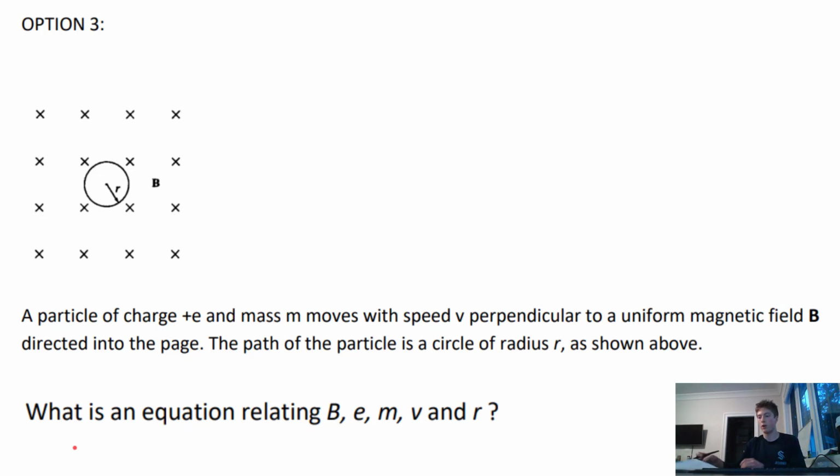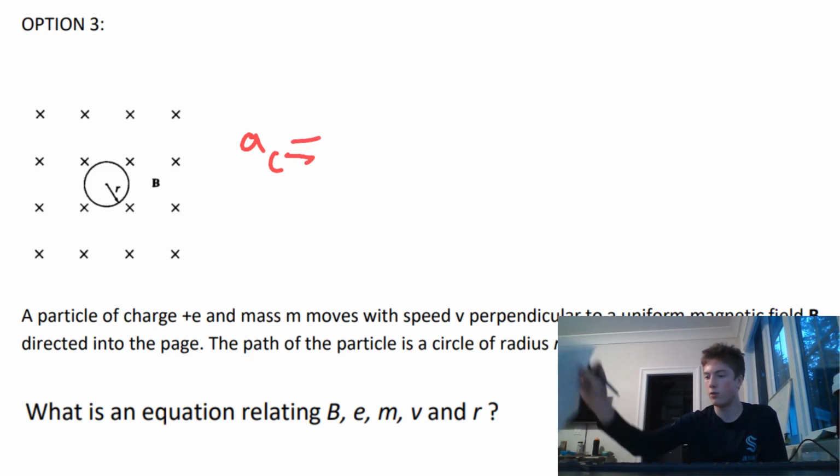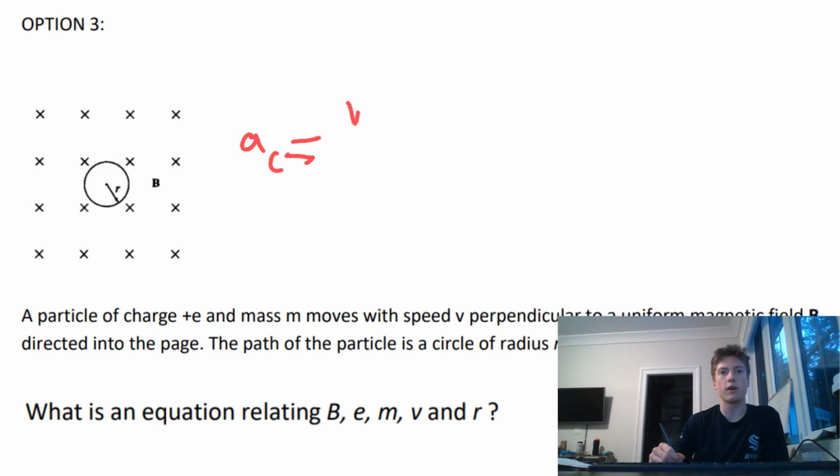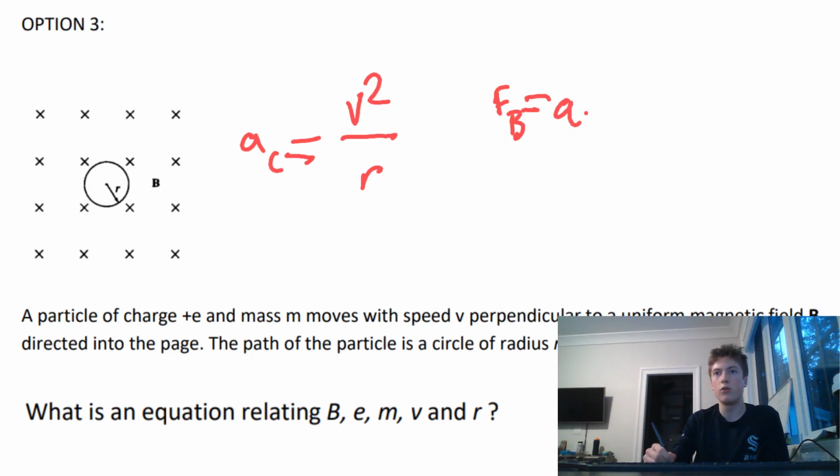So we can pull out our equation sheet. We can see that we have a formula: the centripetal acceleration is equal to the velocity squared divided by the radius. We also have an equation in magnetism that says the magnetic force is equal to q times v times B times sine theta.